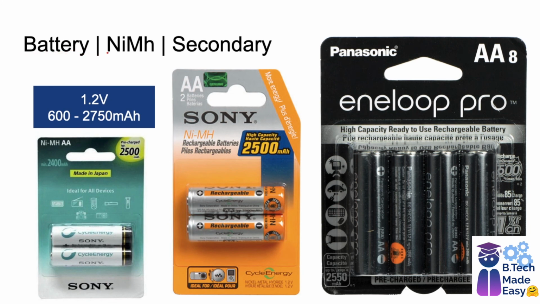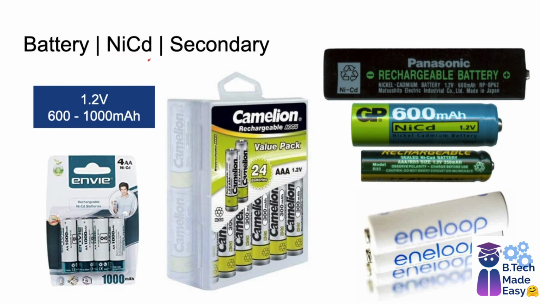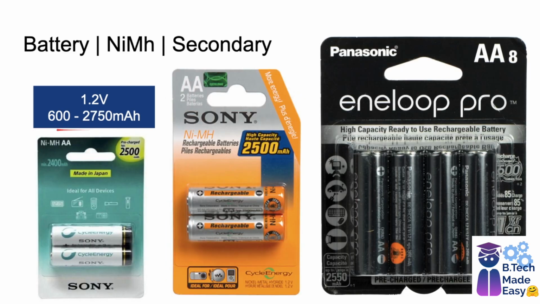Our next type of battery, that is the nickel metal hydride type of battery. It's an upgradation to the existing nickel cadmium type of battery. The difference comes only in the current rating, that is, it starts at 600 milliampere hour itself, but it goes all the way up to 2750 milliampere hours.